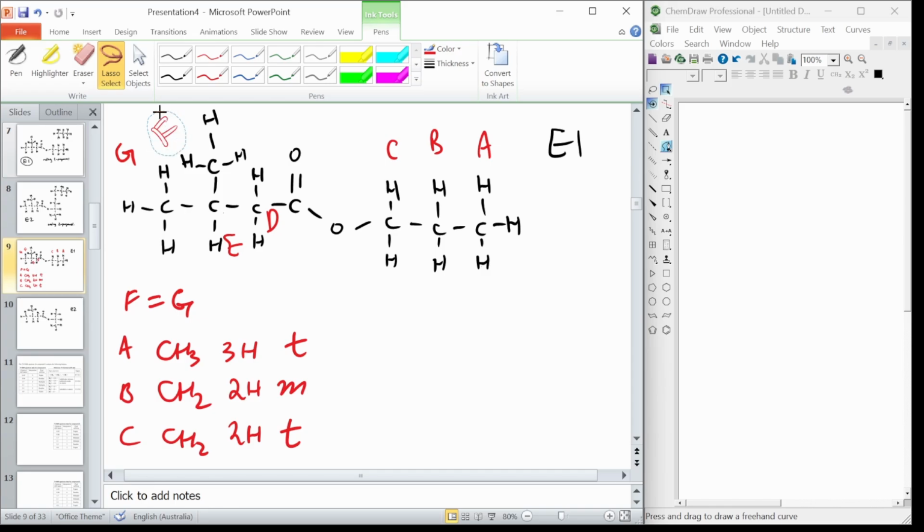So D is going to be seeing E. In terms of the structure, D is too far away from F and G, so it's not going to see the hydrogens of F and G. It's only going to see E. So since E is one hydrogen, it's going to be a doublet.